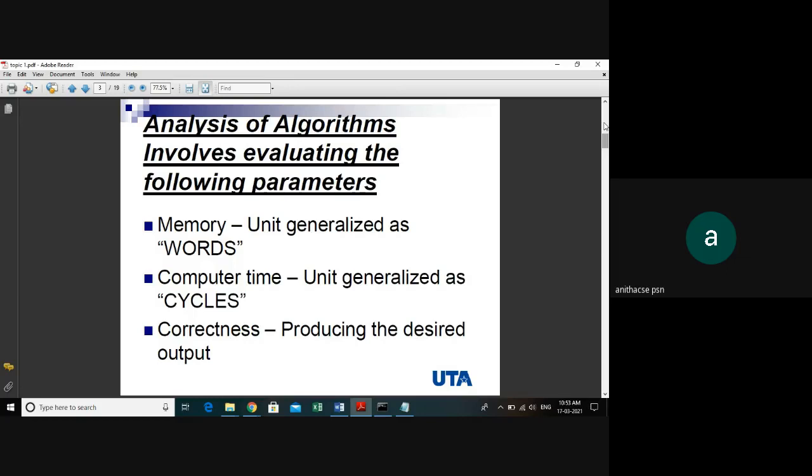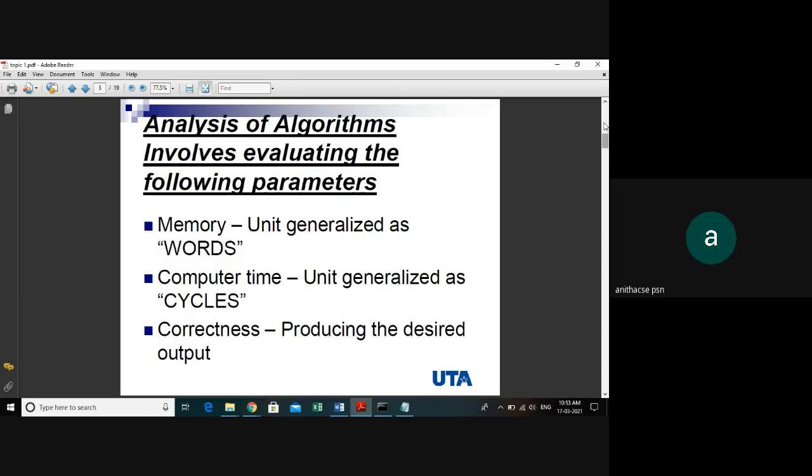We have a number of calculations to solve. For different types of problems, we have different types of algorithms. So which algorithm is suitable for a particular problem should be analyzed using this analysis of algorithm part.